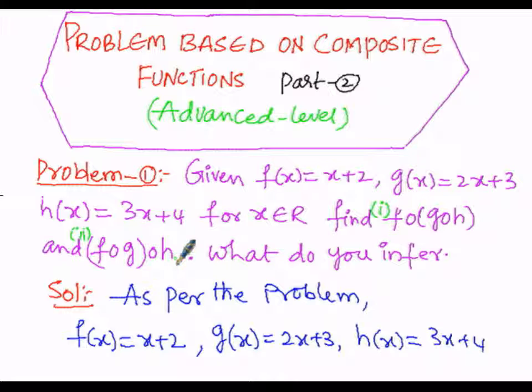Now, in case number 1 we have to find out f composite g composite h. Here x is belonging to R, so we are going to take f of g of h of x.